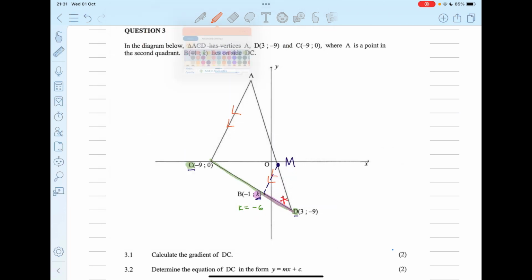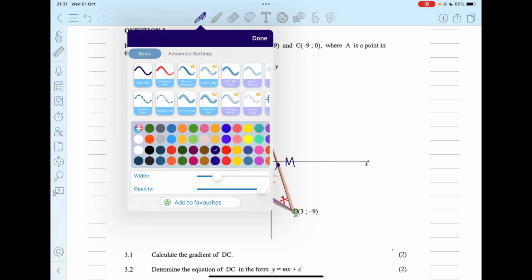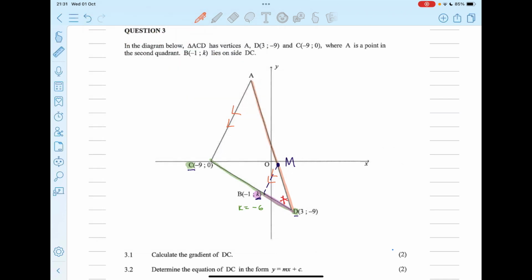You can highlight it in orange. It's this one. So we have the gradient and we know the distance or the length. It's the square root of 612 units.